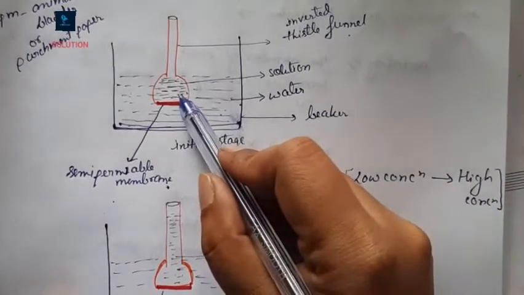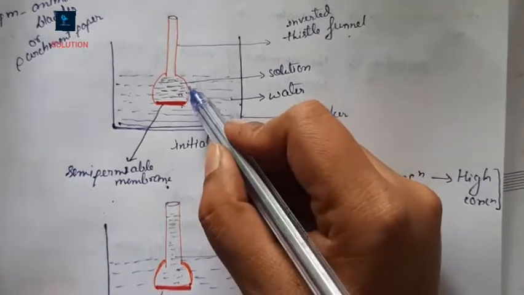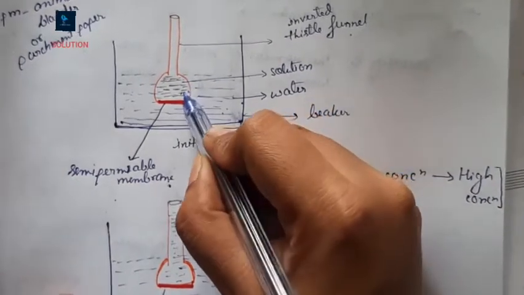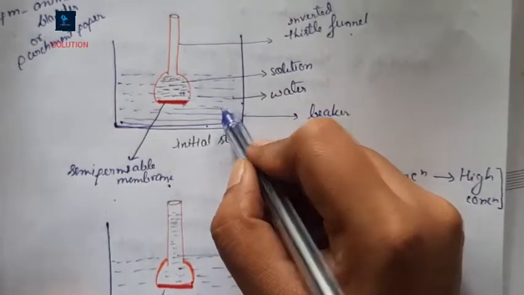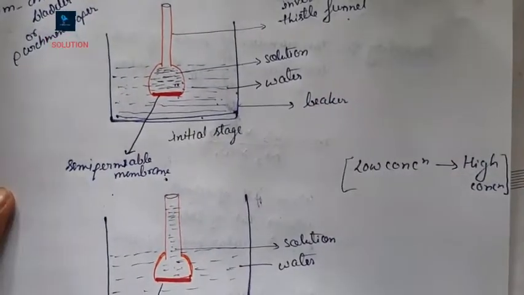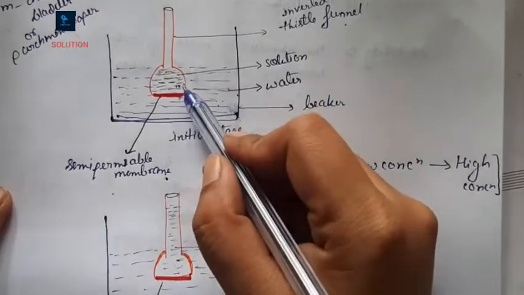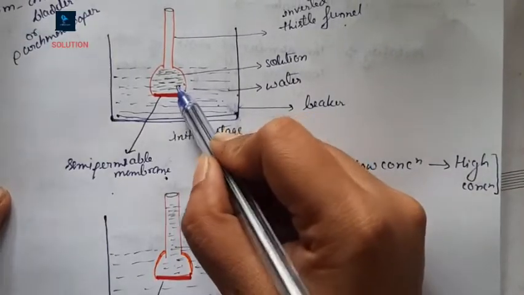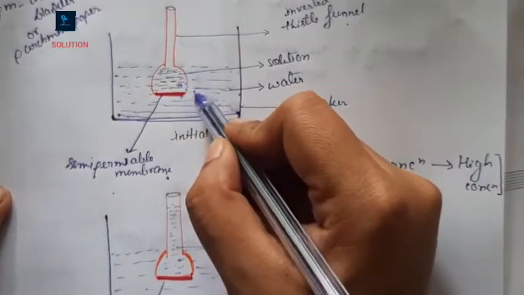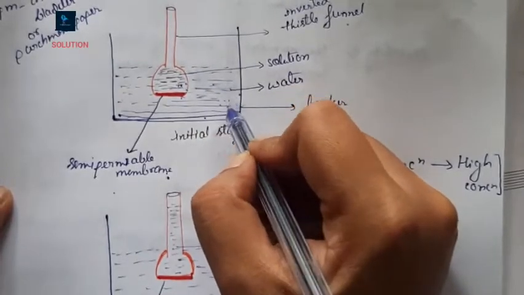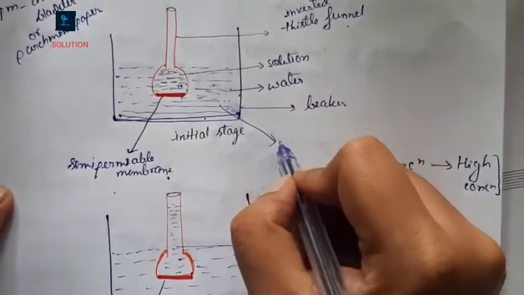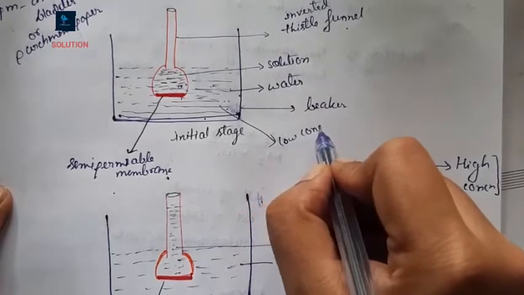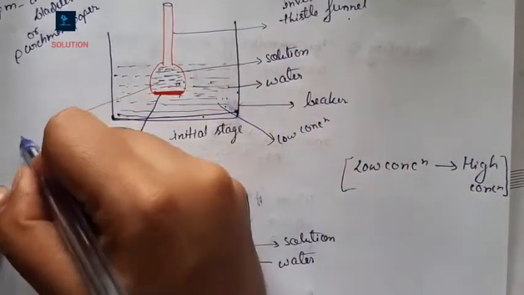Here the concentration of salt inside the thistle funnel is more compared to the water. Or you can say inside the thistle funnel the solute concentration is higher, and outside the funnel it is lower.